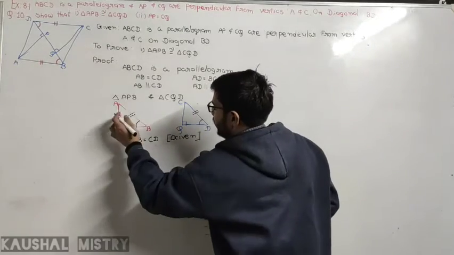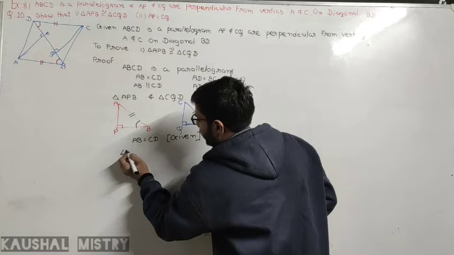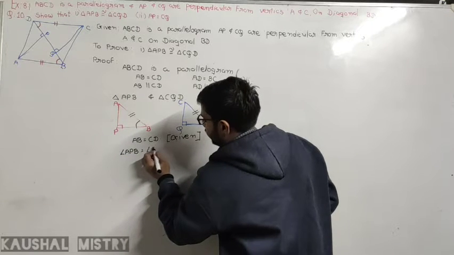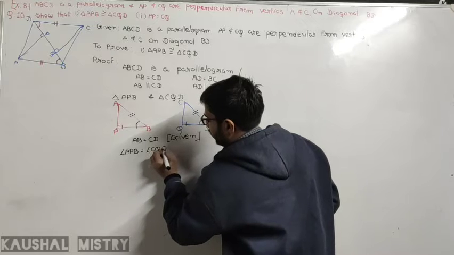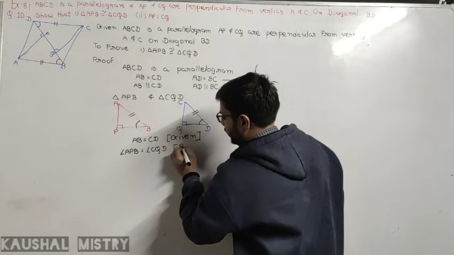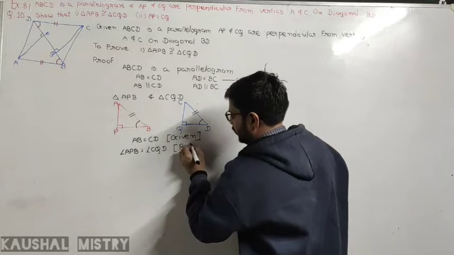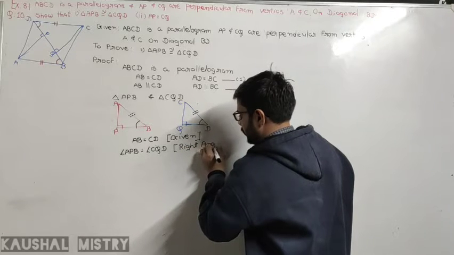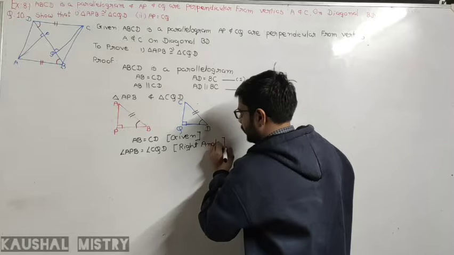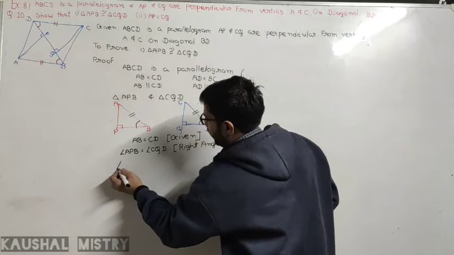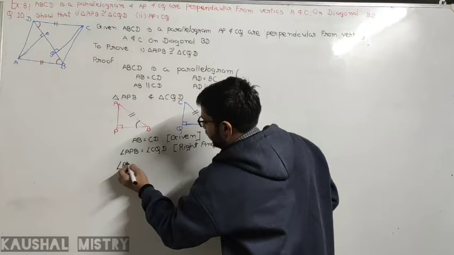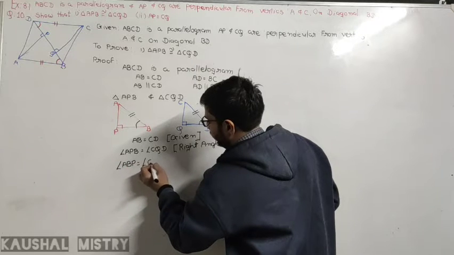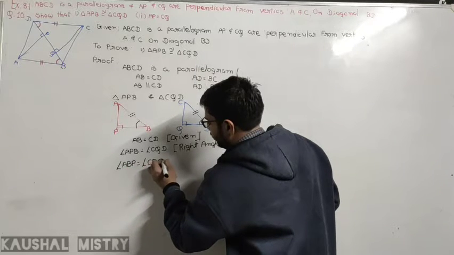Another thing, angle APB is equal to angle CQD, both are right angles. And another thing, angle ABP is equal to angle CDQ.